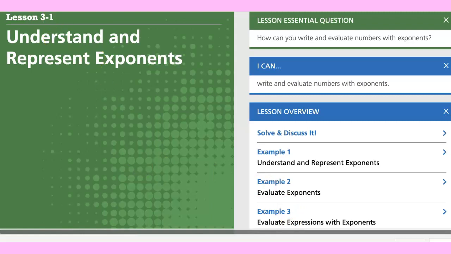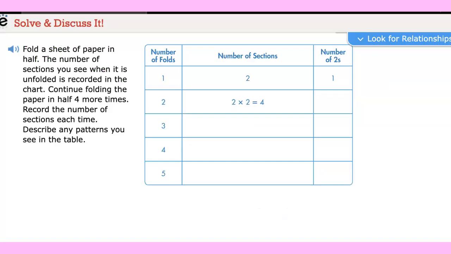Let's start with a challenge activity we have. Alright, so let's do solve and discuss. If you look at the table, we're going to be completing the table, and let's use a folding paper to figure out what the answer is going to be. Fold a sheet of paper in half, then record the number of sections you see when it is unfolded.